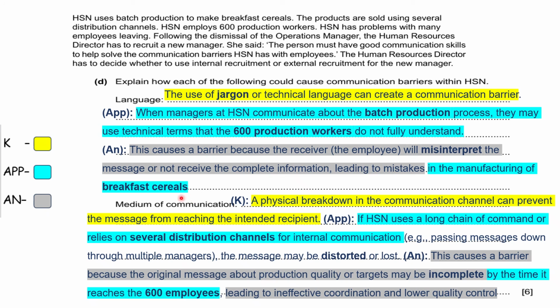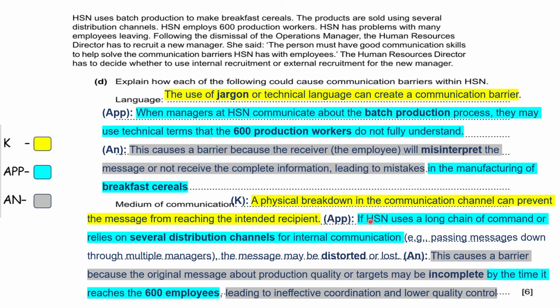A physical breakdown in the communication channel can prevent the message from reaching the intended recipient. So I'm trying to say that in a medium of communication, a communication barrier can happen when there is a physical breakdown in the communication channel and it can prevent the message from reaching the intended recipient.